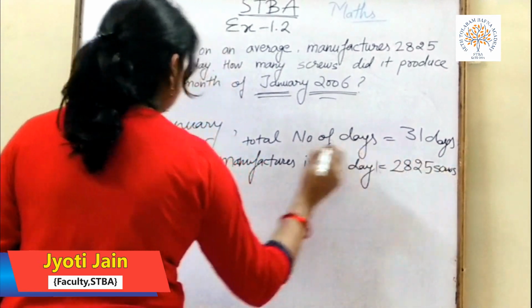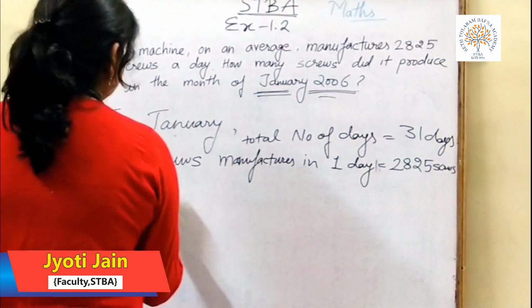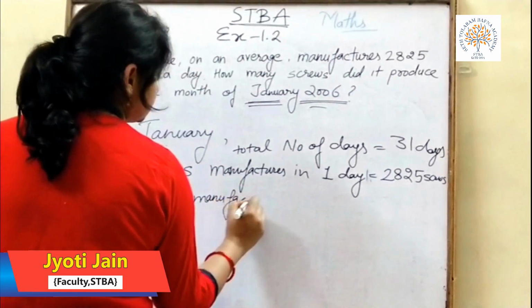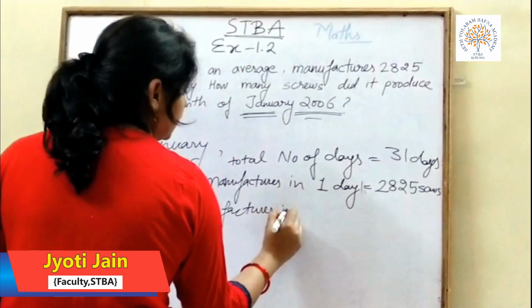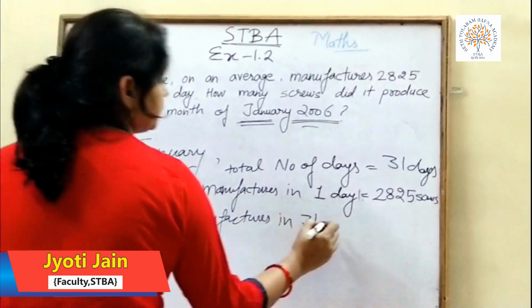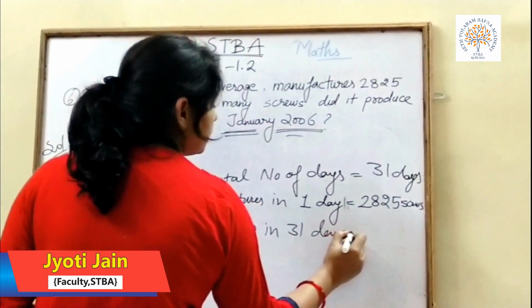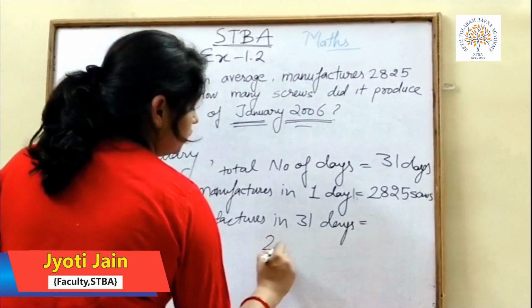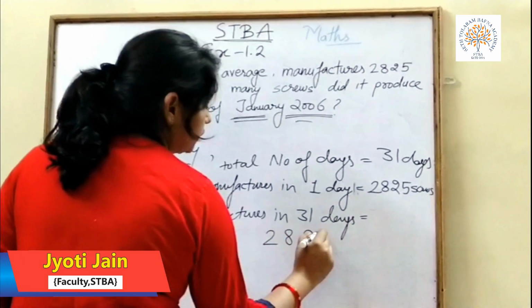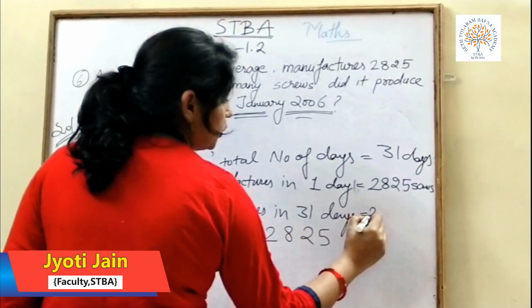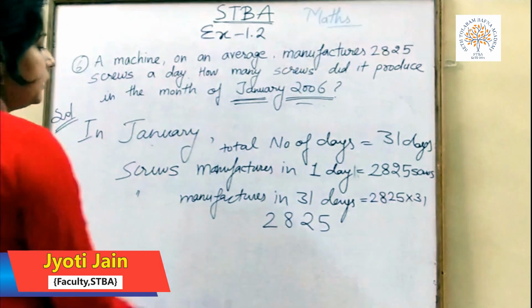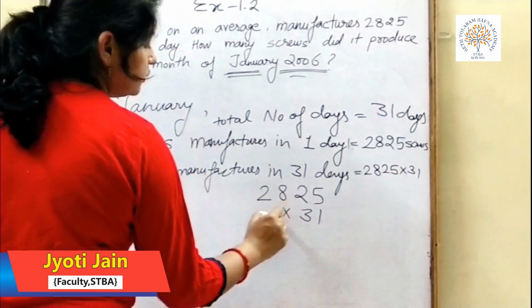Okay, and screws manufactured in 31 days. So this problem is related with multiplication. So show that multiplication here, 2,825 multiplied by 31. So we will show multiplication here, 31.